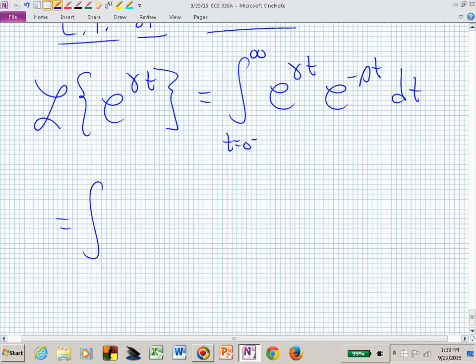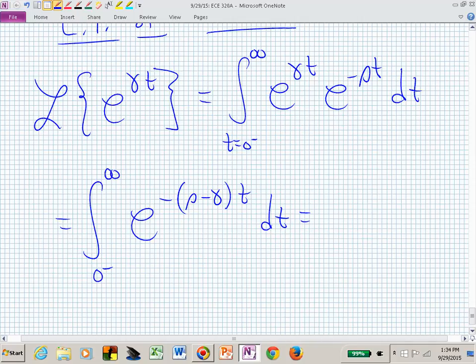But we know all of these facts or techniques of combining exponents. We're multiplying terms that have exponents, so we can add the exponents. They're all raising e to this, we're using the same base. So that we now have e to the minus s minus gamma t dt. Again, this is why you studied your calculus.